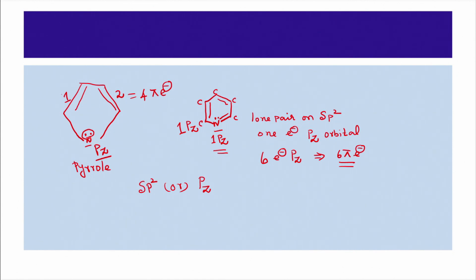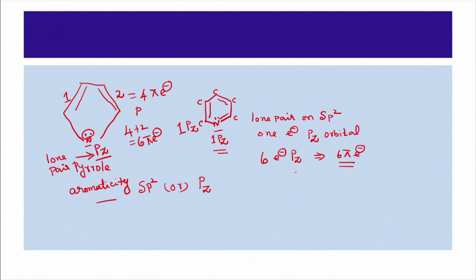So when this is in the pz orbital, we have 4 plus 2 equals 6 pi electrons in total. These 6 pi electrons again lead to aromaticity. So in pyrrole, we put the lone pair on the pz orbital, and in pyridine, we put only 1 electron in the pz orbital.